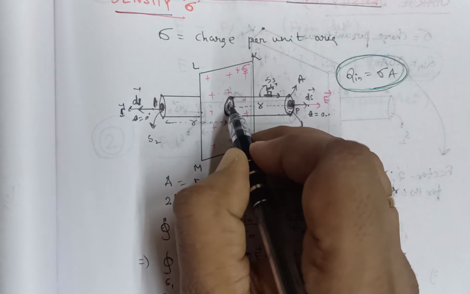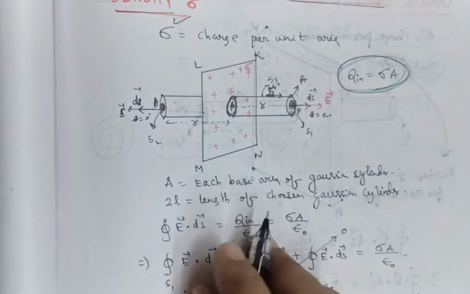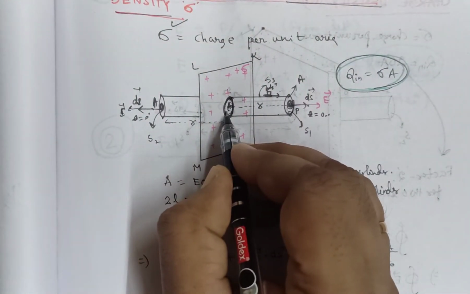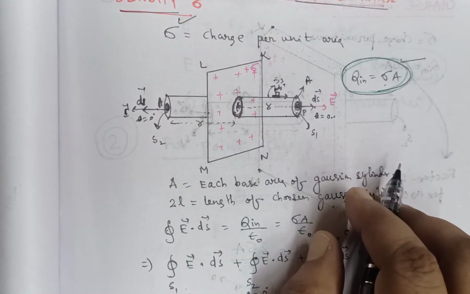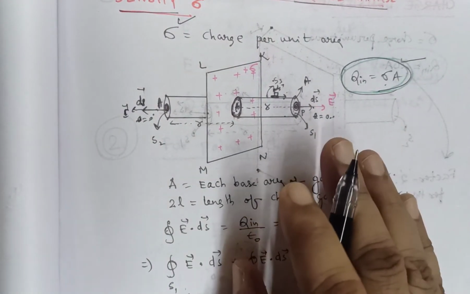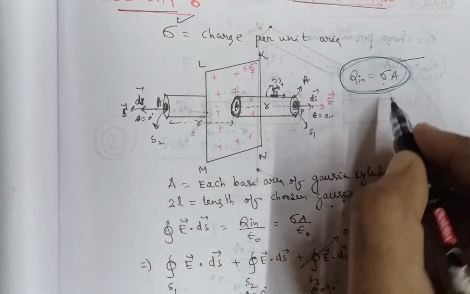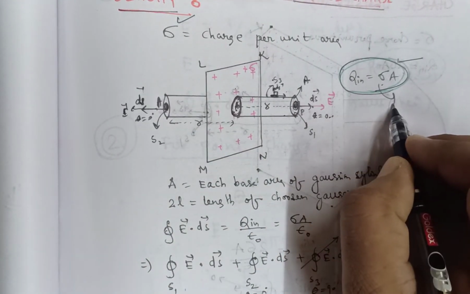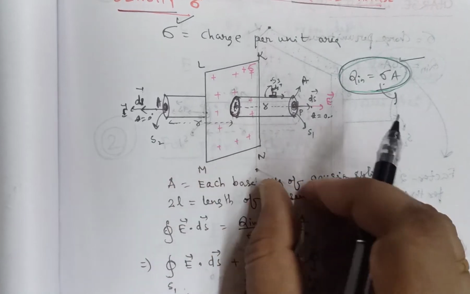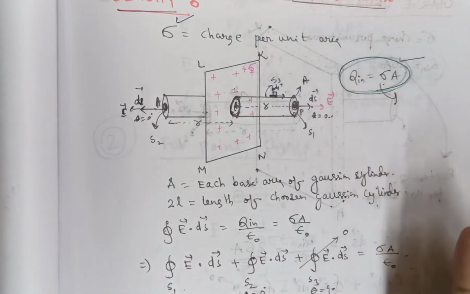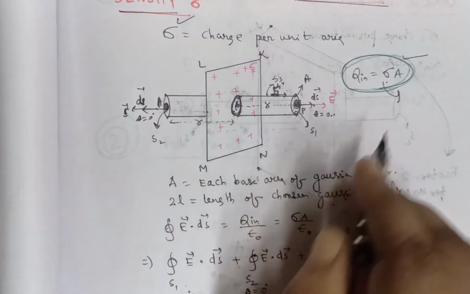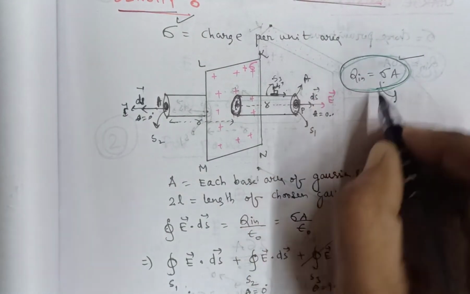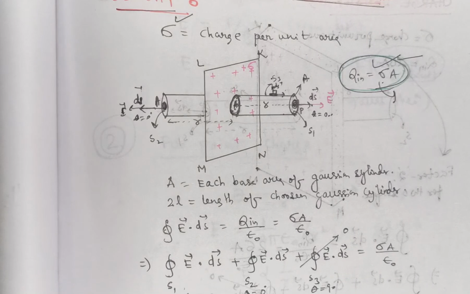For unit area, the charge is sigma. For area A, the charge will be sigma times A. Previously I told you that as it is a thin surface, it is taken as only one surface and it is sigma A. If it is a thick sheet, then it is considered as the upper side and lower side surfaces, so that will be 2 sigma A. But here, a thin sheet, the Q in will be sigma A.